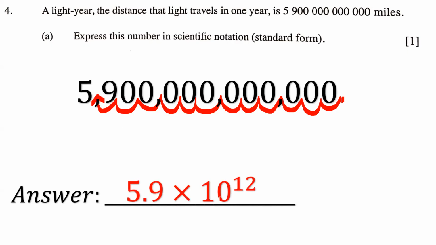So we're going to say 10 to the power of 12 because we moved 12 times. So again, it's 5.9 because we moved the decimal point here, and we multiply by 10 to the power of 12. And so 5,900,000,000,000 in scientific notation is 5.9 times 10 to the power of 12.